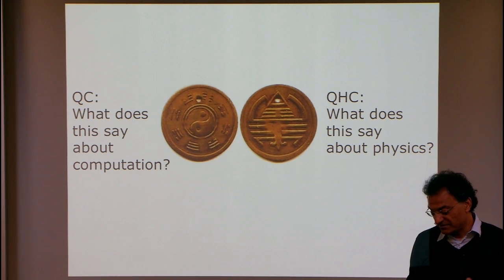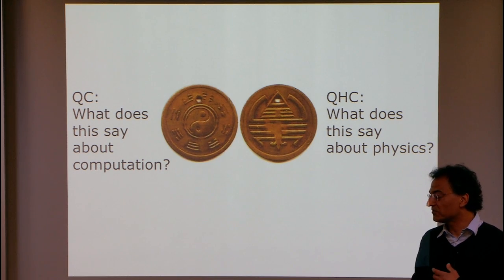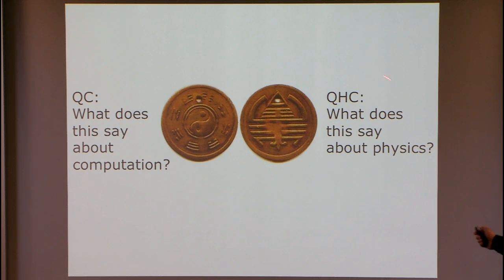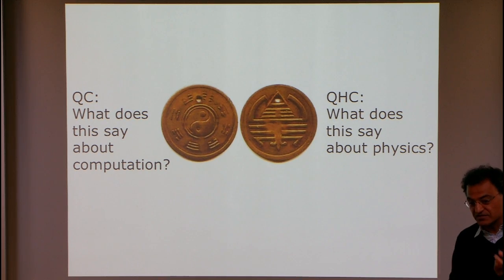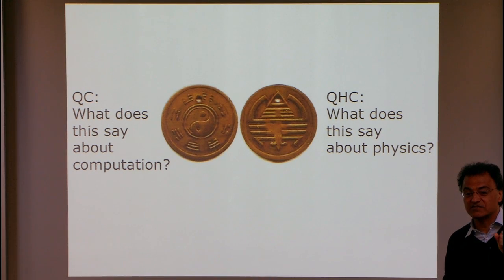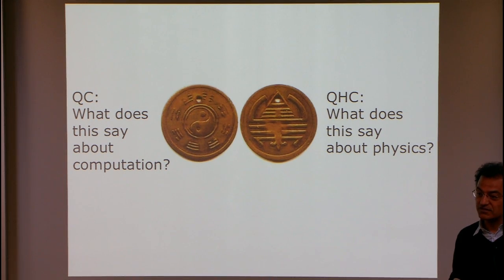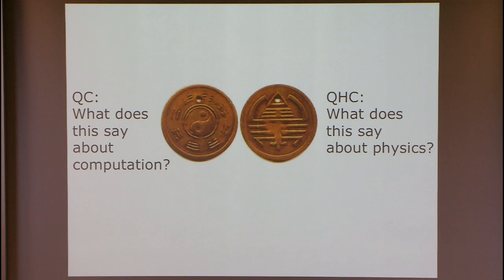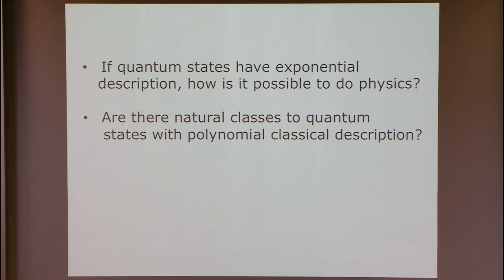And of course, there are new techniques in quantum information and quantum computation. And this has led to the birth of this new area called quantum Hamiltonian complexity, where there are interesting things to say about the implications of these basic properties of quantum mechanics for physical systems themselves.